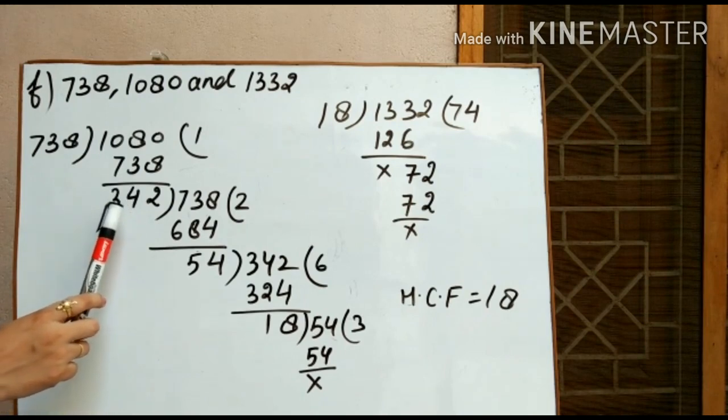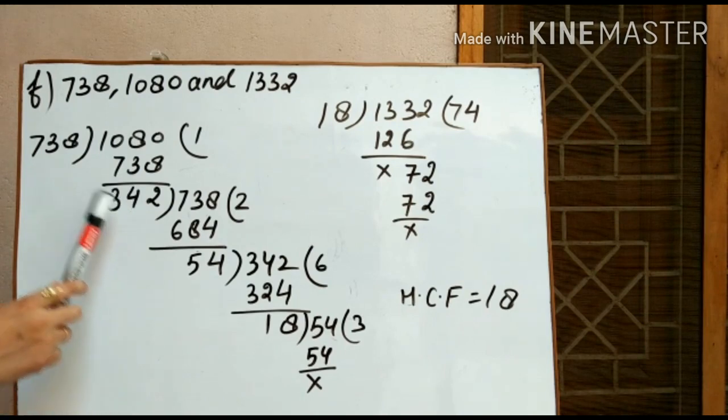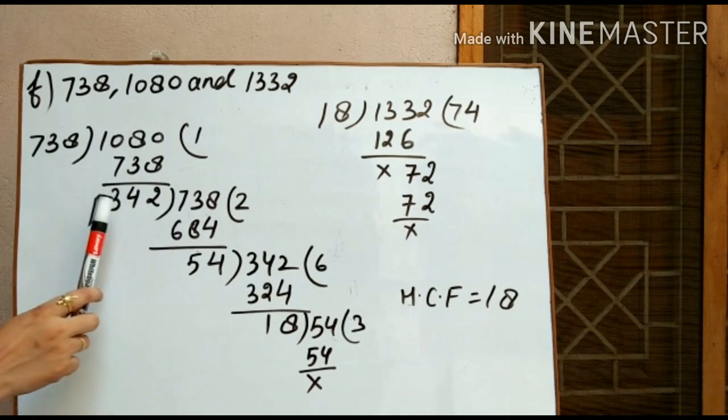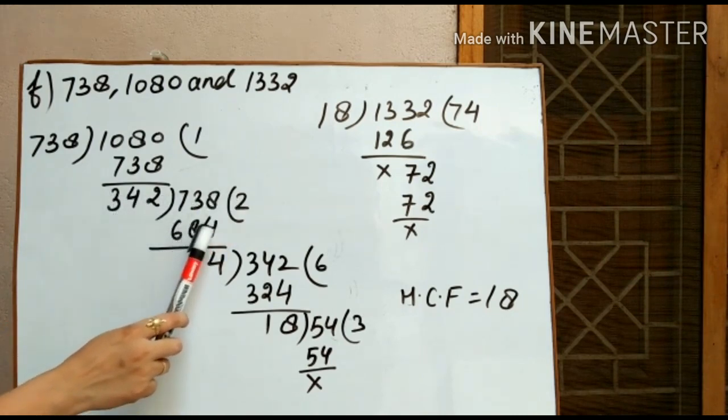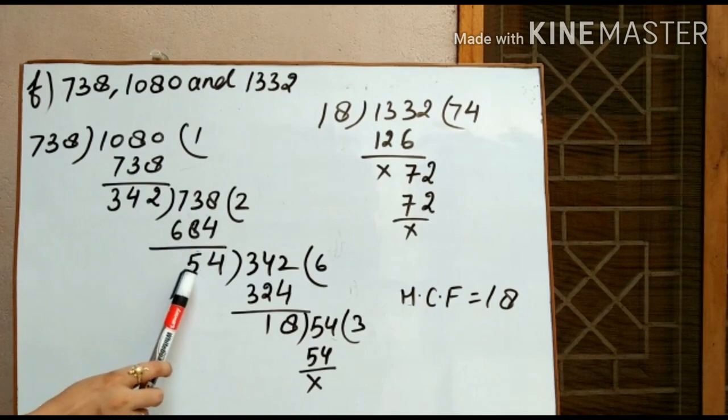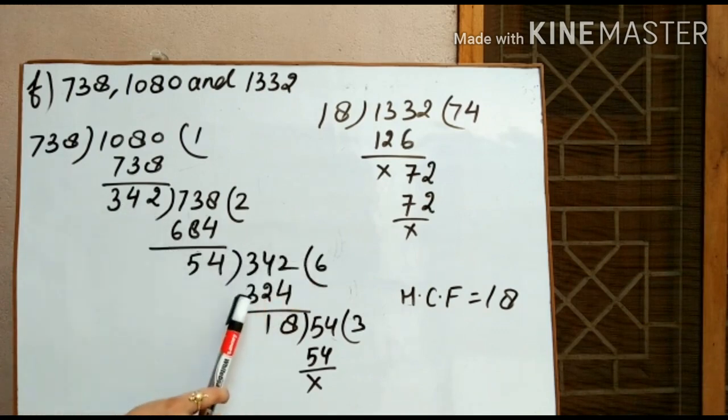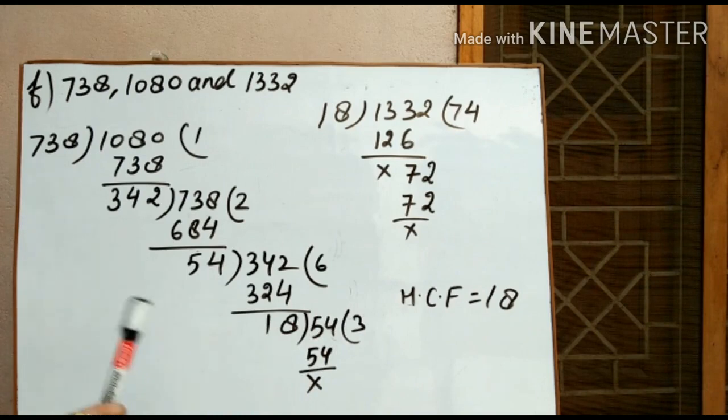Now it will become divisor and this one dividend. 342 2 ja 684. After subtraction we will get 54 as remainder. Now this time it is divisor and this one is dividend. 54 6 ja 324. After subtraction 18. 18 3 ja 54. What is the last divisor? That is 18.